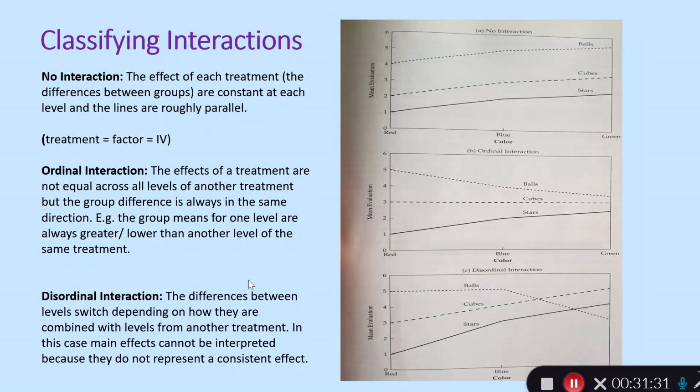It's only in the red and blue, so you can't validly interpret the main effect because which group has the higher mean depends on the other independent variable that they've been crossed with.